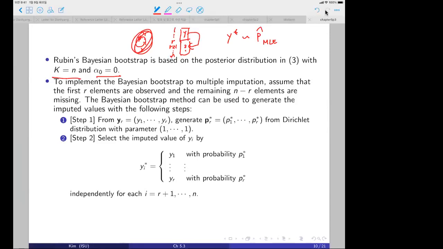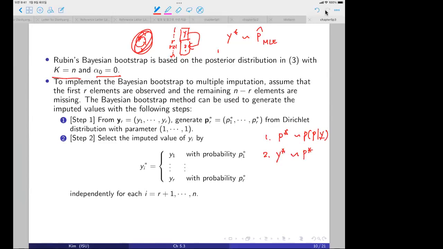So the Bayesian way is you first generate P star from the posterior, and then generate Y star from P star. Okay, that is the Bayesian, right?